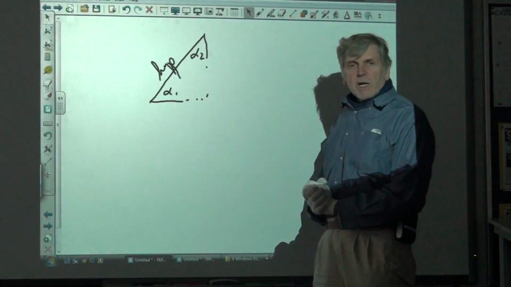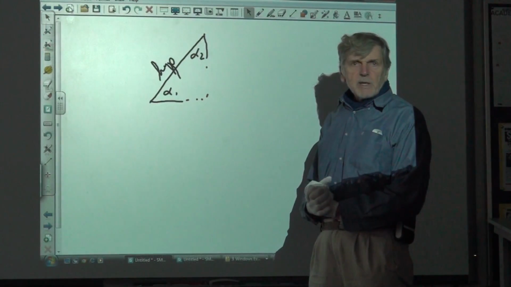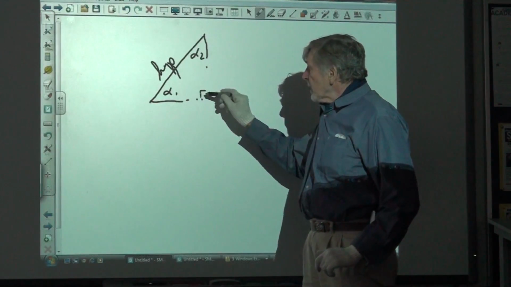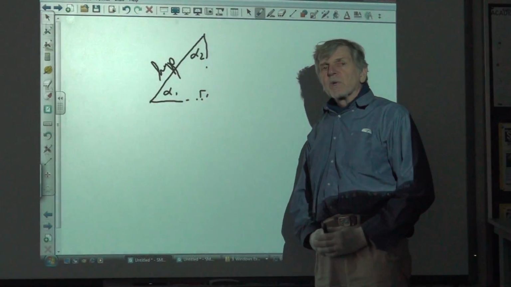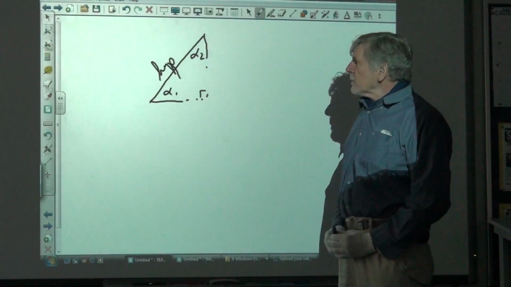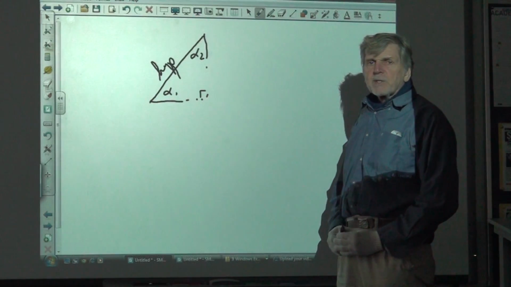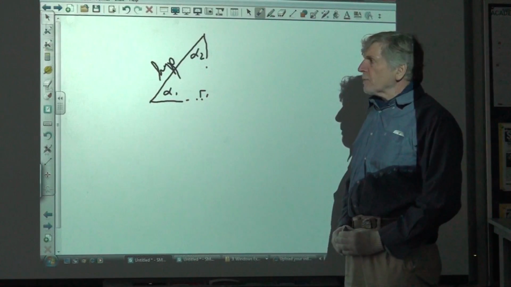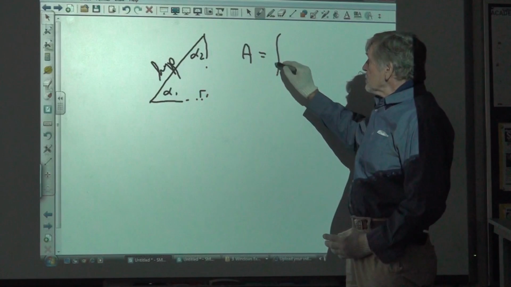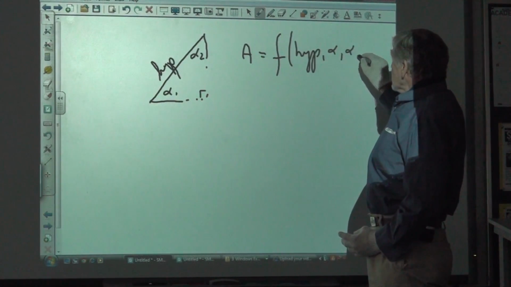There is only one triangle that can be specified from those three numbers. Therefore, any property of the triangle can be expressed only using those three properties. In particular, the area must only be a function of the hypotenuse and the two angles.